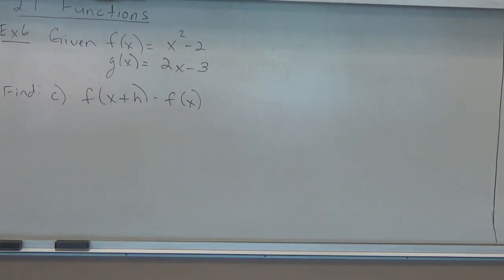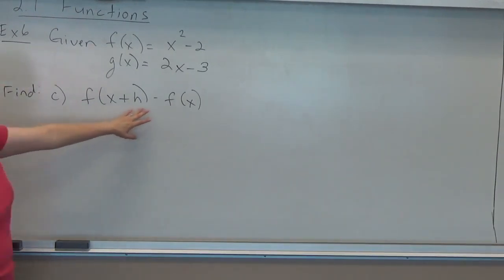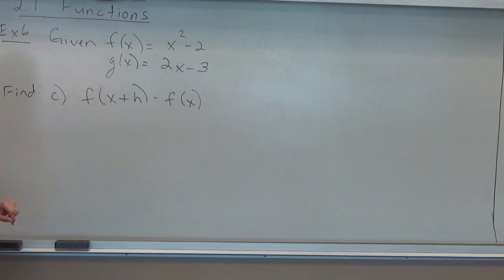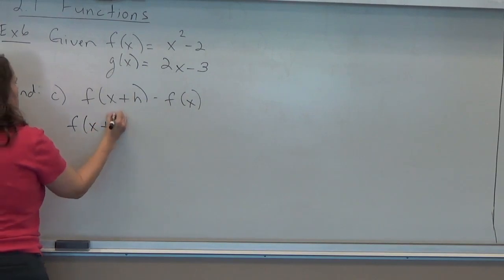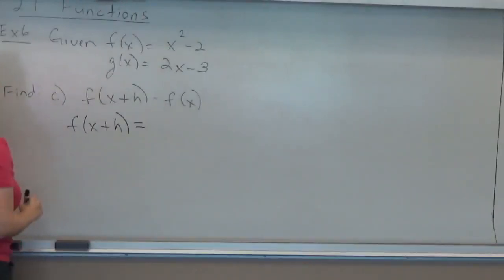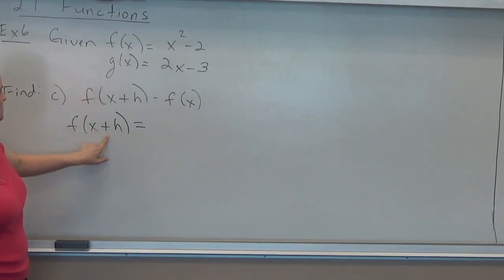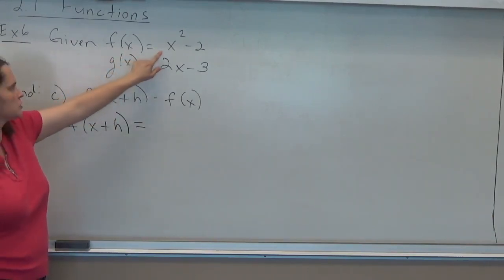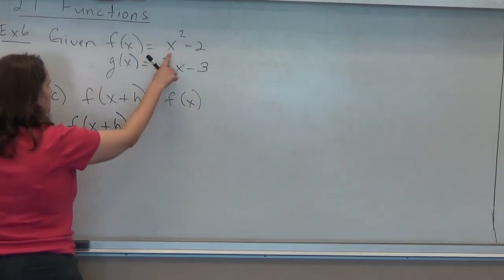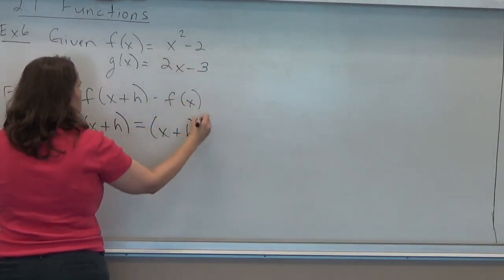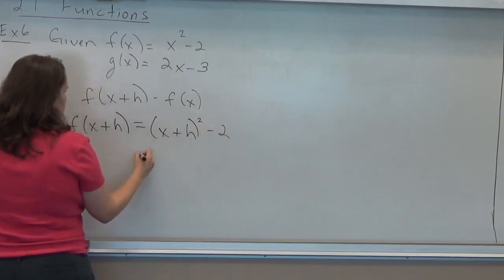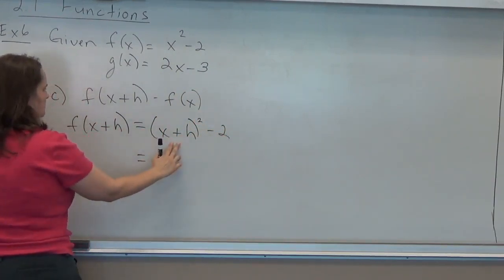Part C, we have to find f of x plus h minus f of x. So let's start with f of x plus h. This is telling me to go to the f function, substitute x plus h in place of all the original x's. So it's going to be parentheses x plus h, quantity squared minus 2. This is a binomial.